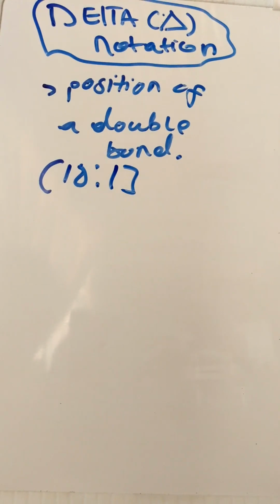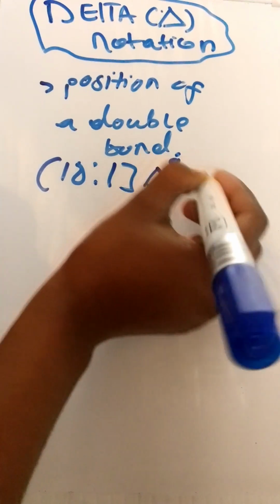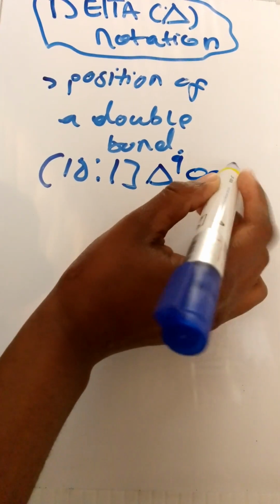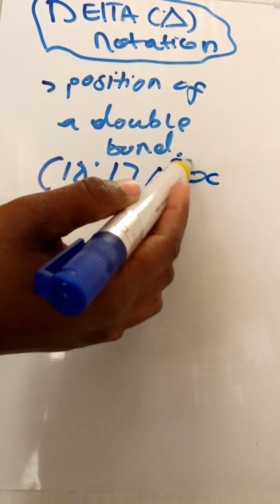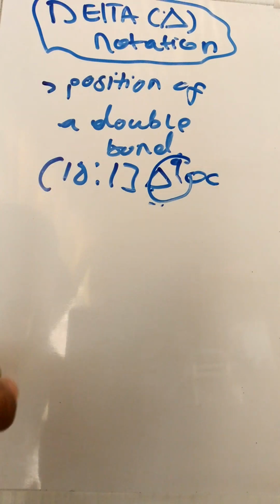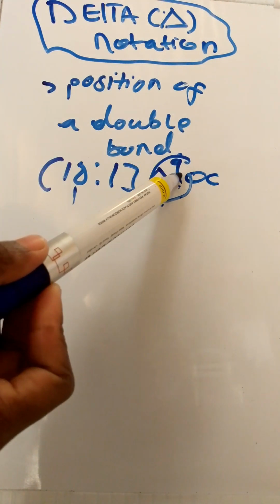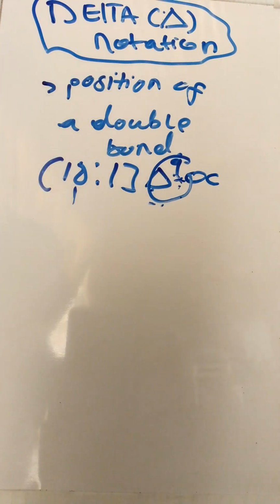So you can be given it like this: delta 9, octadecanoic acid. This delta 9 represents that the acid consists of one double bond at carbon number 9. So it represents the position of a double bond.